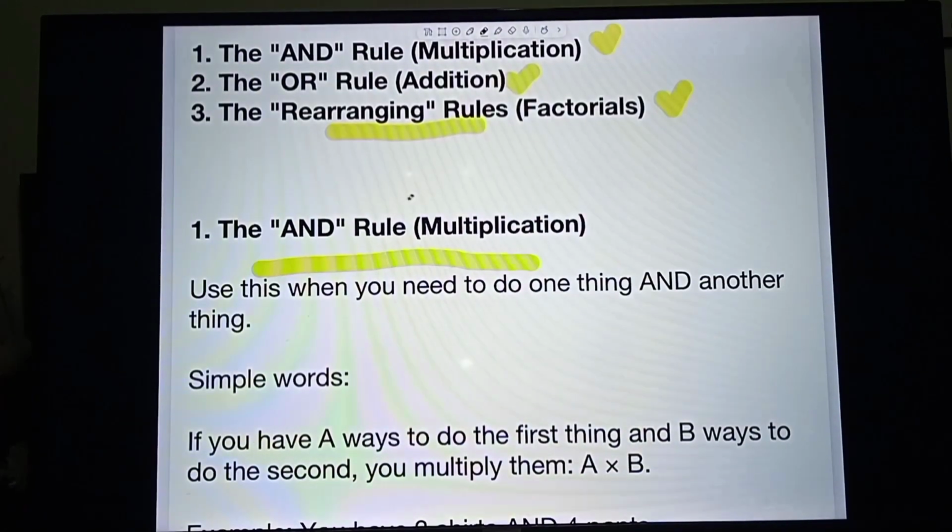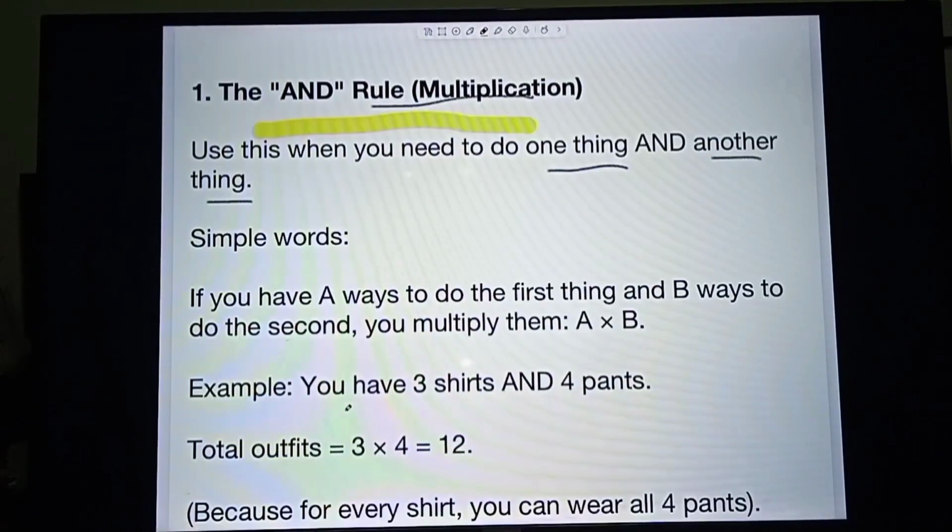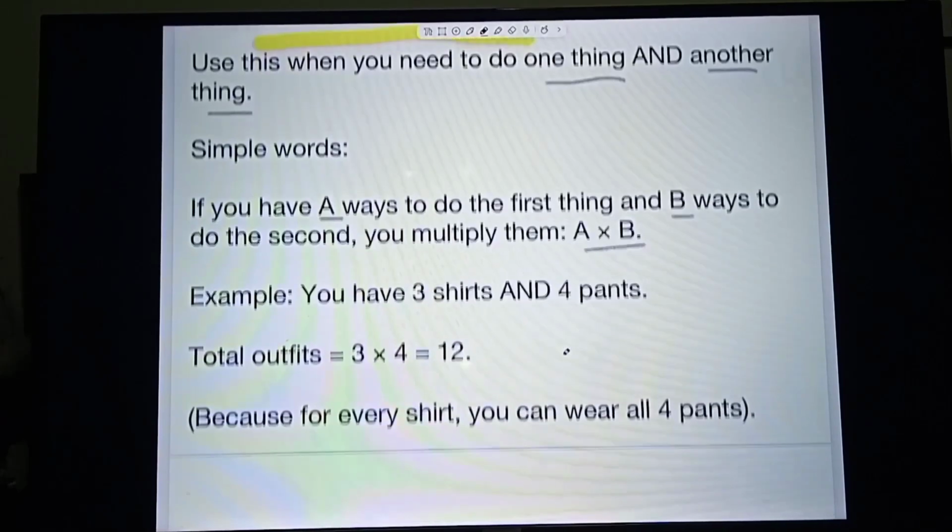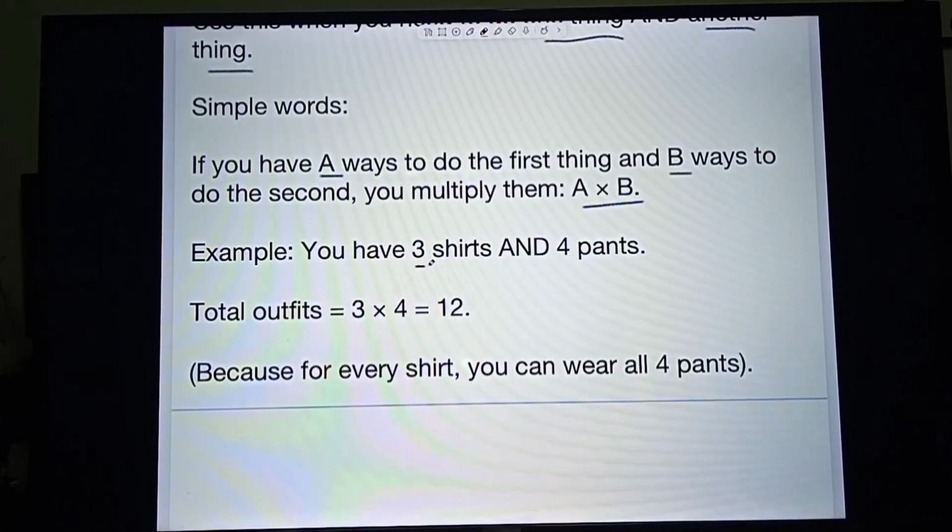We use the rule of multiplication when we need to do one thing and another thing. Like if you have A ways to do the first thing and B ways to do the second thing, then you need to multiply. For example, you have 3 shirts and 4 pants. So how many ways can you wear them?